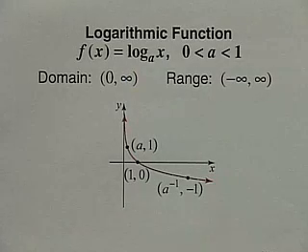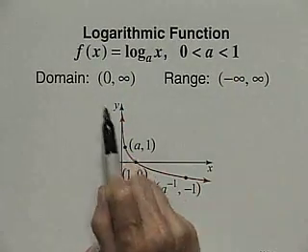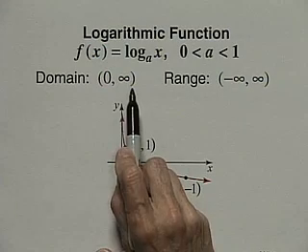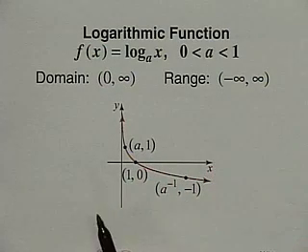Well, what about logarithmic functions where the base is between 0 and 1? Let's look at that. Suppose f of x equals log base a of x, but a is a number between 0 and 1, a fraction less than 1, I should say. Here's a picture of a graph of a function of this type. The domain is 0 to infinity, as it was a minute ago. The range is negative infinity to infinity.